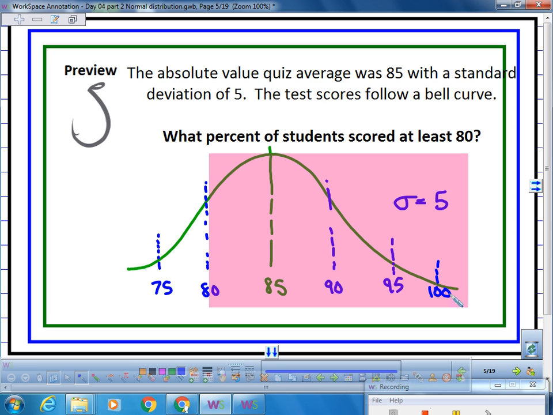That's 3 standard deviations away. Okay? And then below would be 70. So let's just say that in my class, to be a wonderful test, the lowest score is 70 and the highest score is 100, and it's normally distributed. I just told you that. Okay? Normally distributed. That would be fantastic. So what percent of students score at least 80?